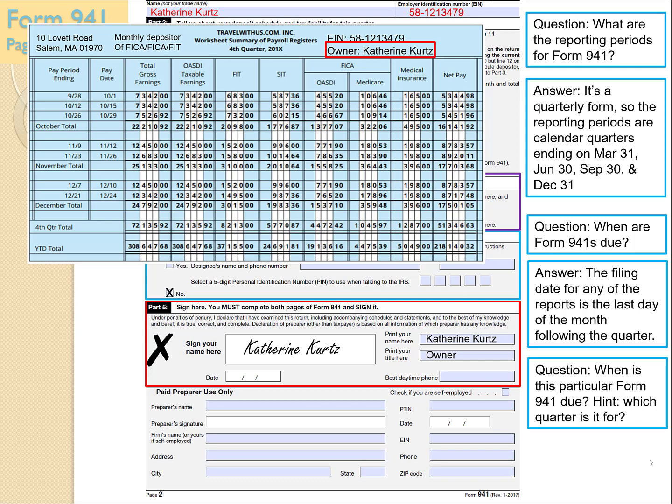And since this is the fourth quarter, it's due the last day of the month following the quarter. So what's the last day of the month following the fourth quarter? January 31st. And then we put in our daytime number. And that's it. We filled out the Form 941, pages 1 and 2.